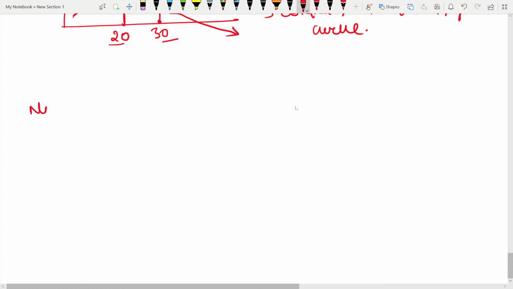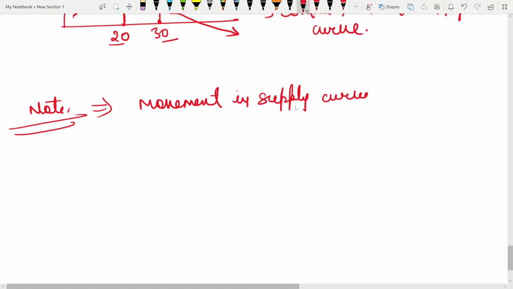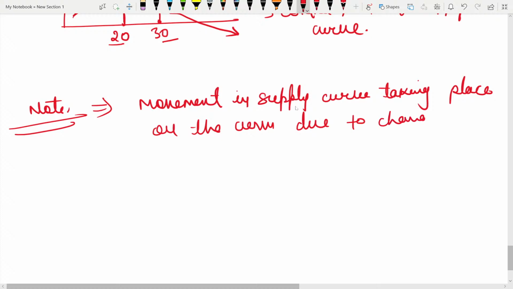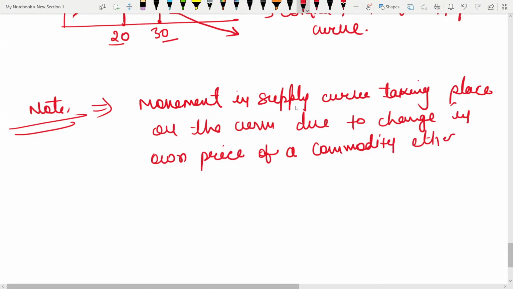One very important point to note down: movement in supply curve takes place on the same curve due to a change in the own price of a commodity, other factors remaining constant. So movements in supply are basically changes in price; when prices change, extension and contraction of supply take place.